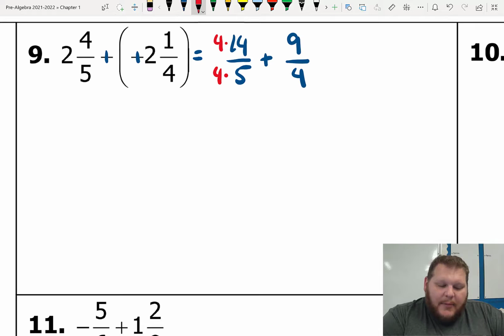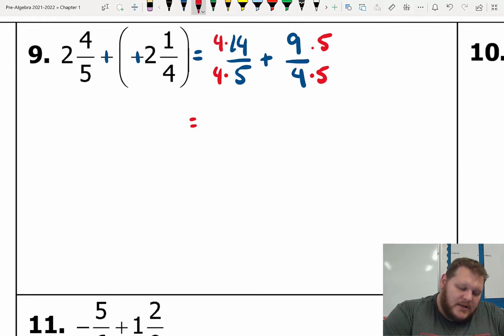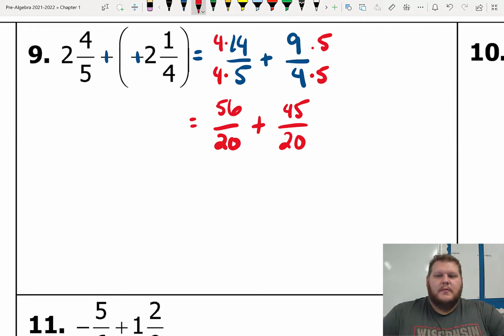So here, I'm going to multiply top and bottom by 4, since that's the other denominator. And then here, I'm going to multiply top and bottom times 5, because again, that's the other denominator. Both of my denominators are going to be 20 after I do that. Up top, 14 times 5 is 56 — sorry, 14 times 5 is 70. 9 times 5 is 45.